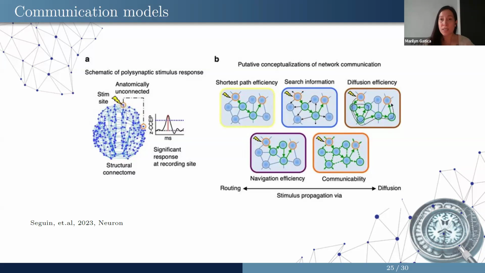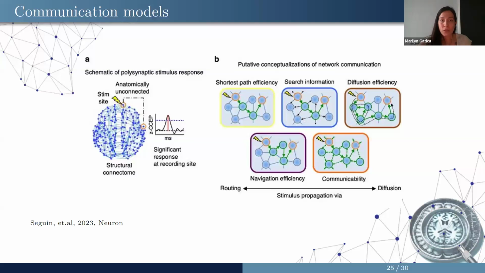In this case, we test the shortest path efficiency, the search information, and the communicability, because they were relevant in this paper in particular, and they also show that the shortest path efficiency is not the most explanatory, but something more in between the search information and the communicability. And also, of course, we test the distance because it's relevant for the case of the stimulation.